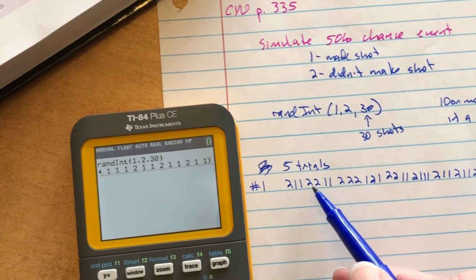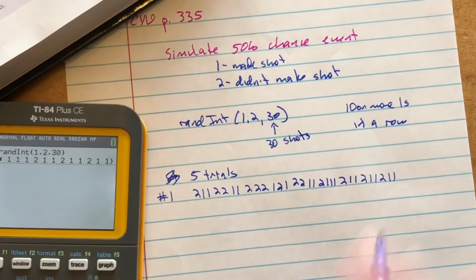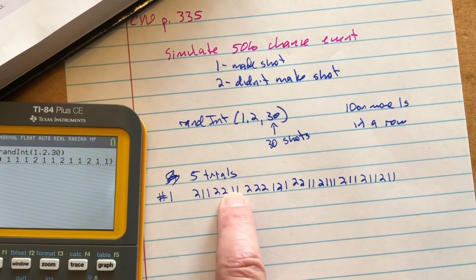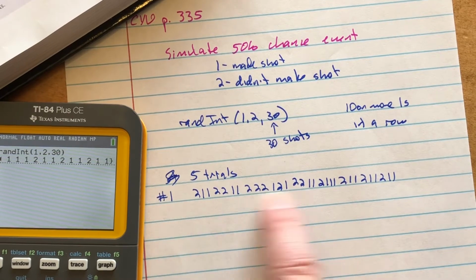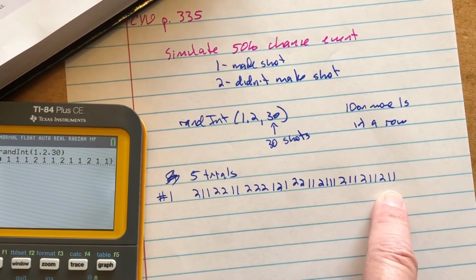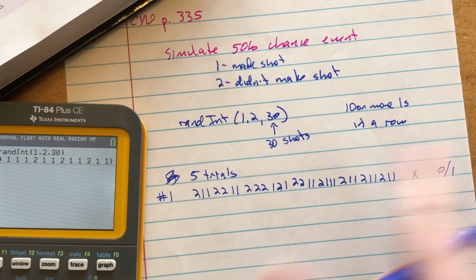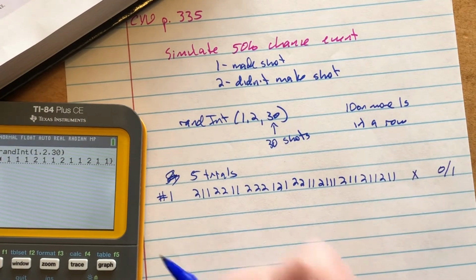These represent 30 shots: didn't make it, made it, didn't make it, and so forth. Nowhere in here do I have 10 ones in a row, so this was not a success. So I got 0 out of 1 trial where I actually got 10 in a row.